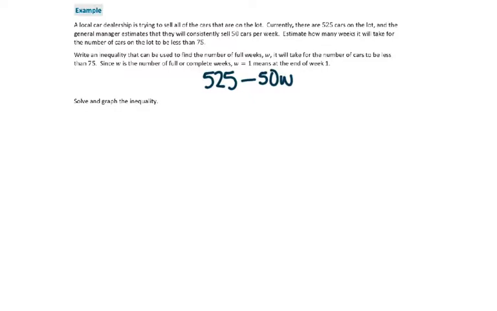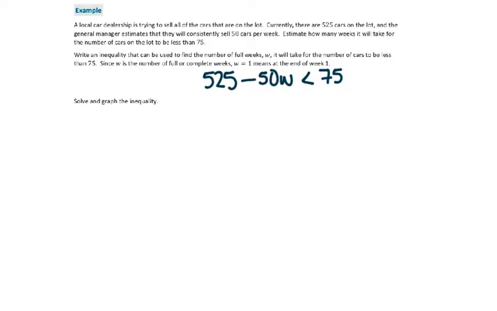So now we know that our inequality symbol is just less than, because we want less than 75 cars on our lot. We don't want greater than, we don't want equal to 75, and we don't want greater than or equal to 75. We just want less than 75 cars to be on the lot. So we're just going to use that less than symbol here.